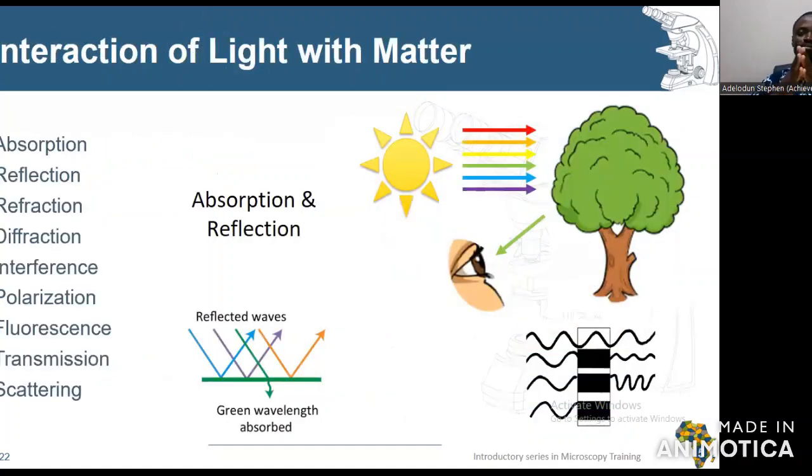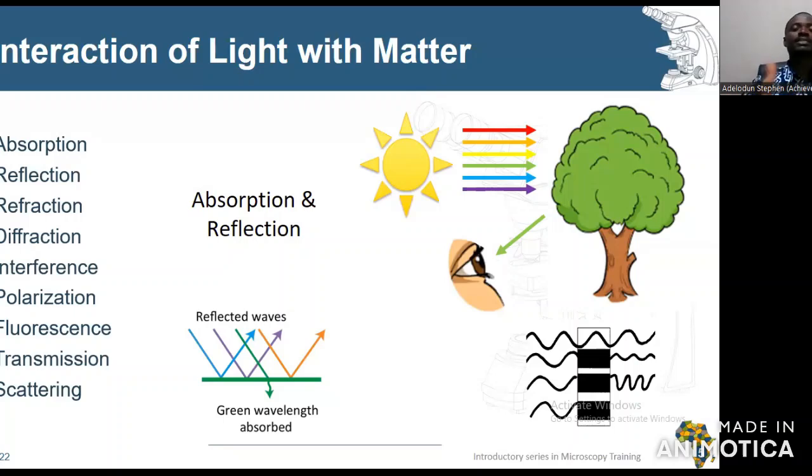All right, so everything that we see in our environment is just a result of how light interacts with matter. When light interacts with matter, one of these processes will take place: absorption, reflection, refraction, diffraction, and the like.